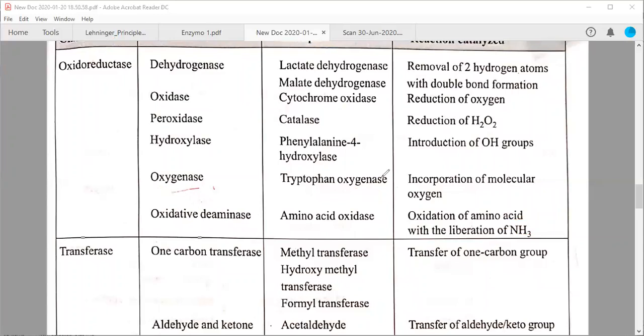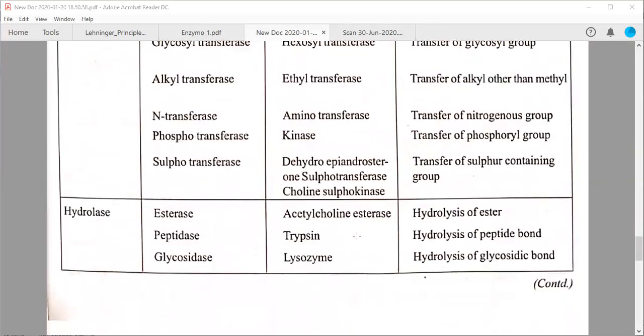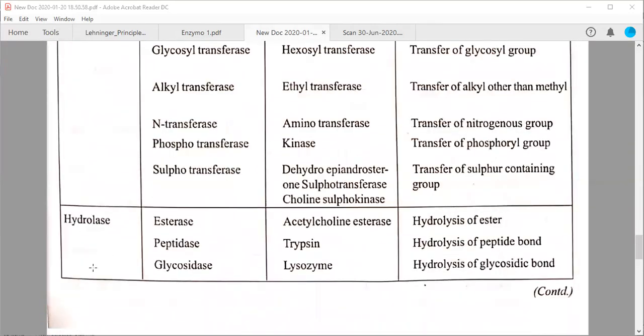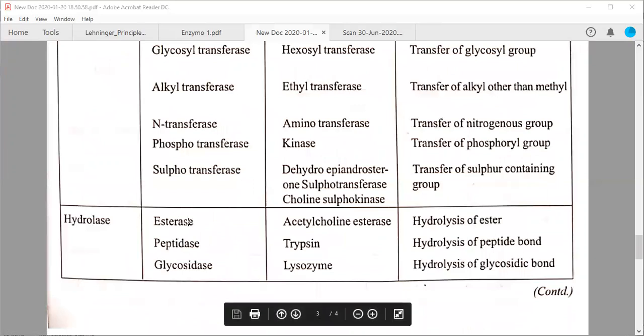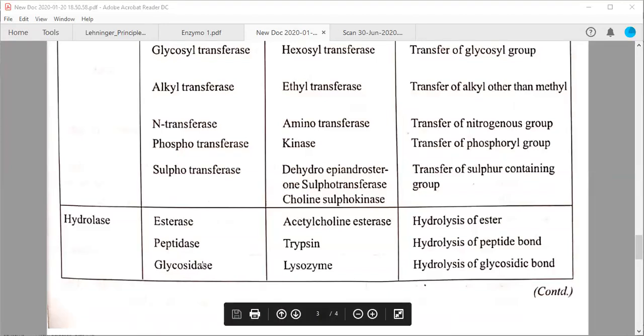So I'm skipping this and directly leading you to the third class. The third class is hydrolase. So these include esterases, peptidases. Peptidases we have discussed: pepsin, elastase, trypsin. All these are peptidases. Glycosidases, for example, lysozyme.